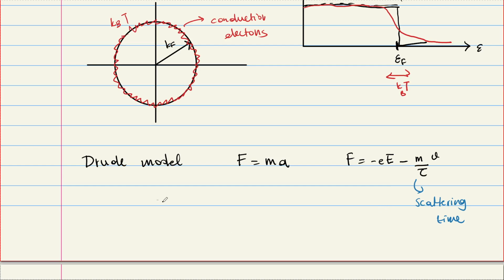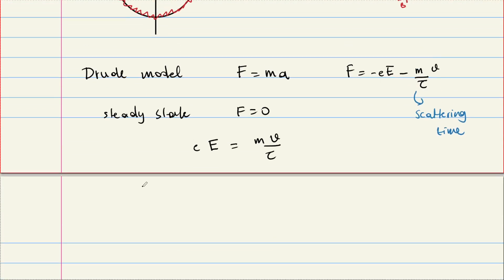And in the steady state, F is equal to 0, then eE is equal to mv over tau, or v is equal to e tau divided by m times the electric field.